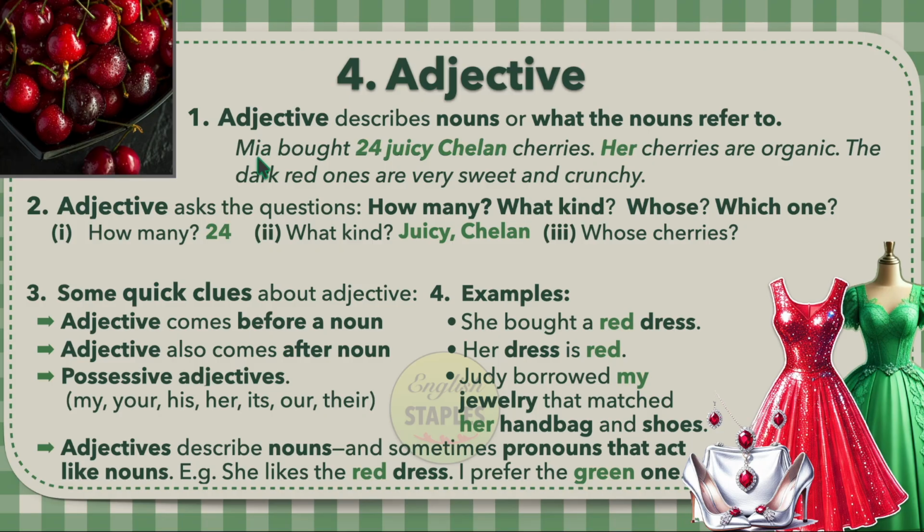Mia is a noun, so that's not what we're looking for. We're working on adjectives. Possession. Her cherries. Whose cherries? They are her cherries. Do you see that? Let's ask another question. What kind of cherries are they? Organic.